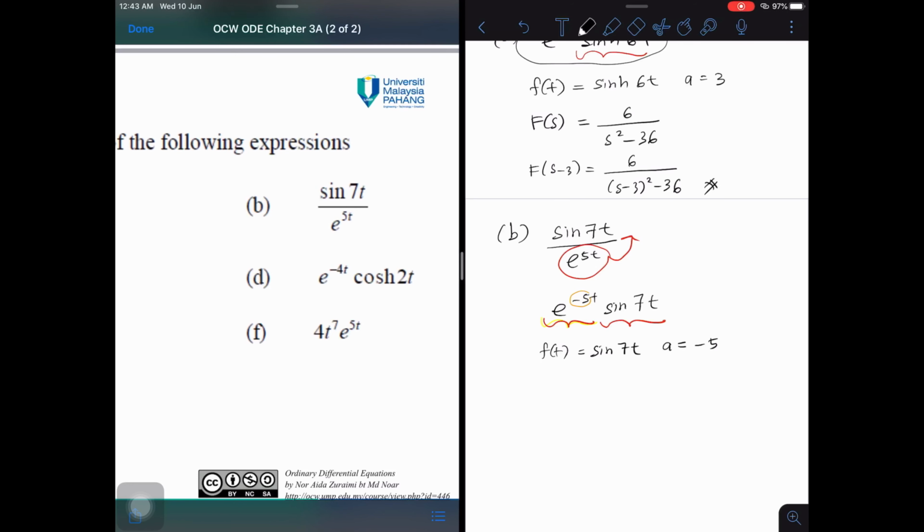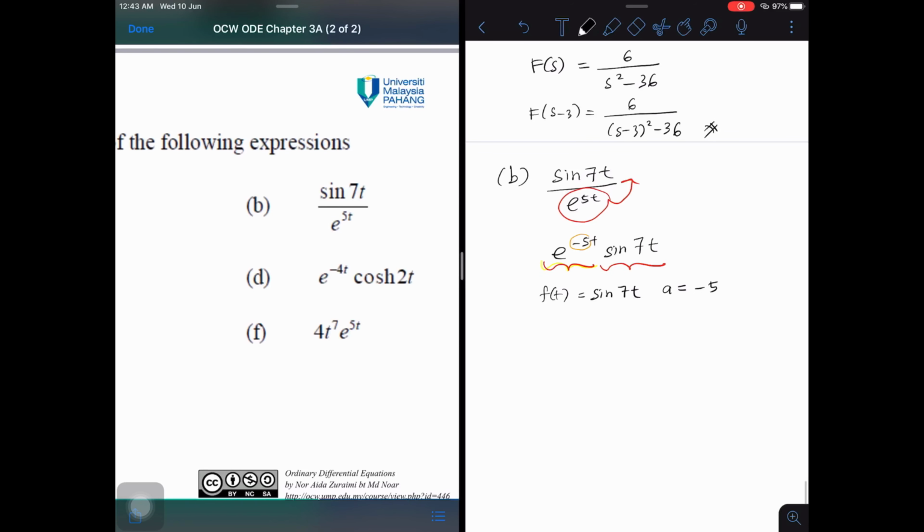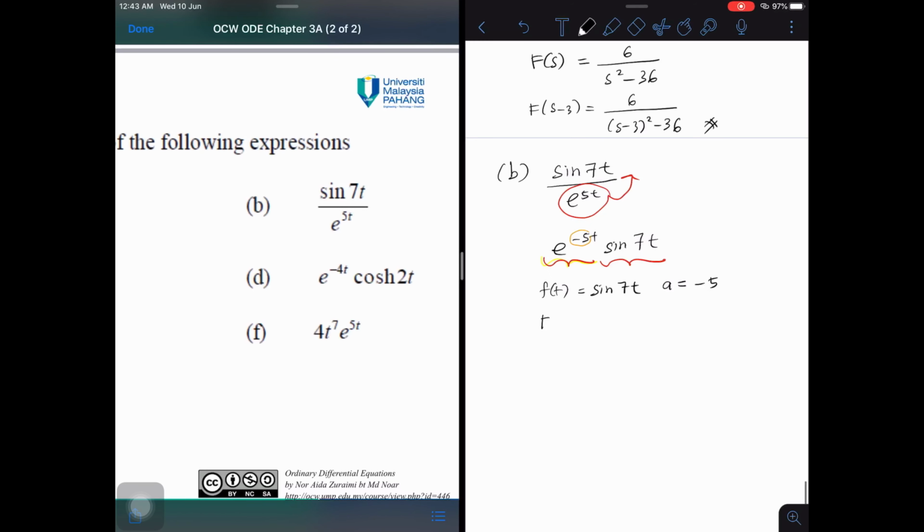Next step is to find the Laplace transformation of f(t). So you have f(t) equal to sine 7t. Therefore, your f(s) is equal to, the formula for sine is a over s squared plus a squared. So your a here is 7. So f(s) equals 7 over s squared plus 7 squared, which is 49.